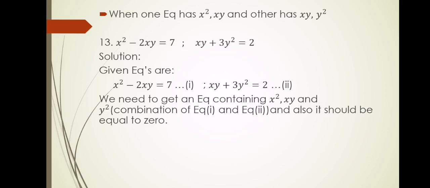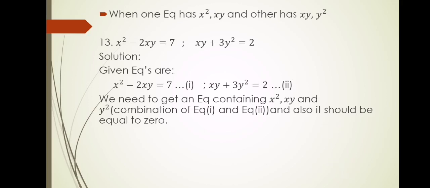That is, the equation was x square, xy, y square is equal to 0. So we need to get an equation containing all these three terms, x square, xy and y square, and also it must be equal to 0, so that we may be able to solve it by using the factorization method.